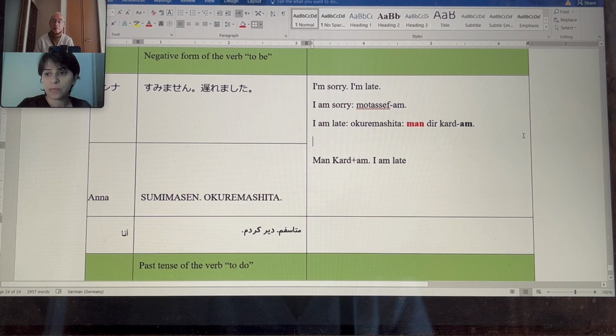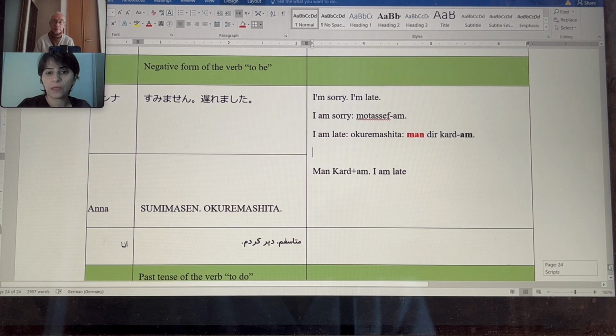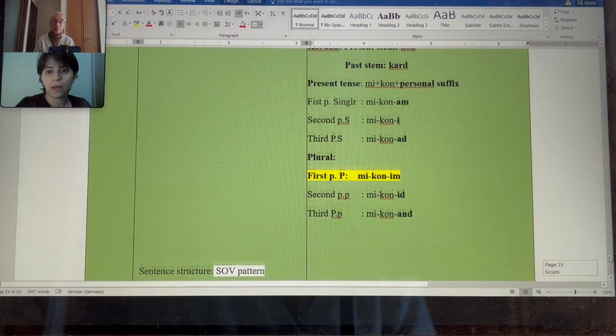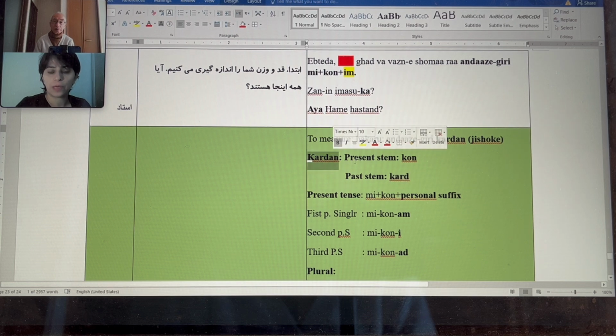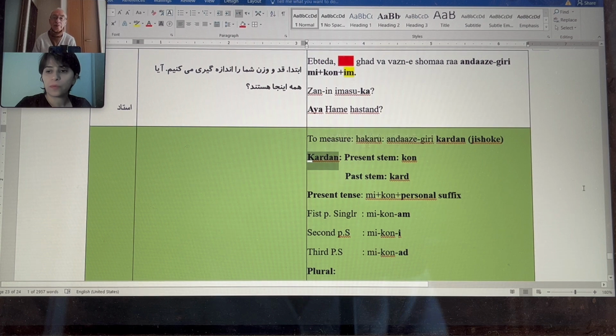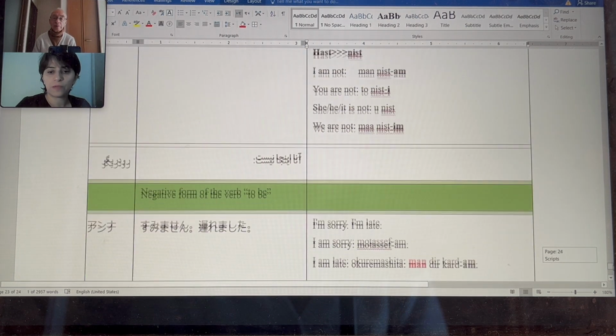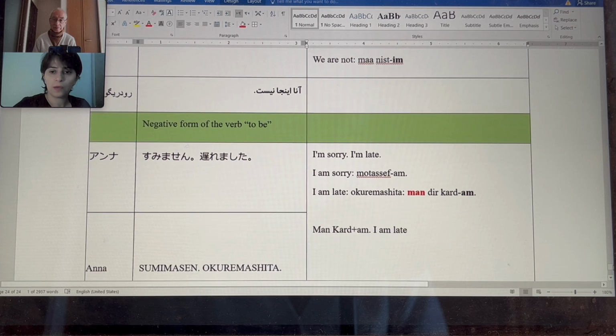Kard, as I explained before, is the past stem of the verb kardan, or the dictionary form of the verb. After that you need to add the personal suffix to this.